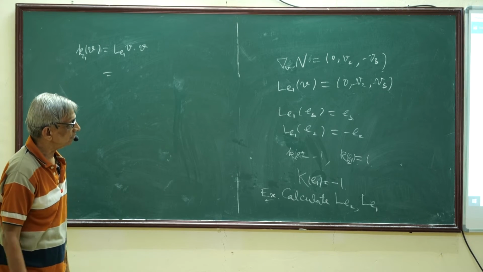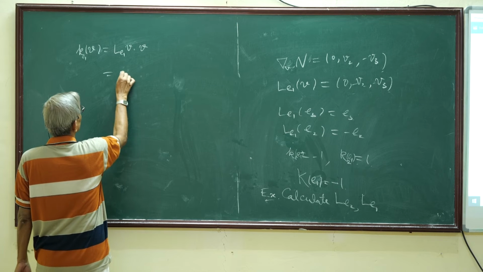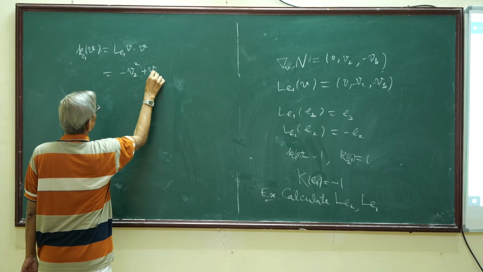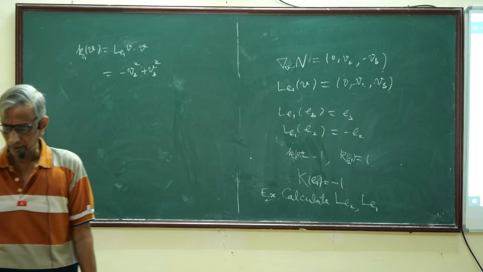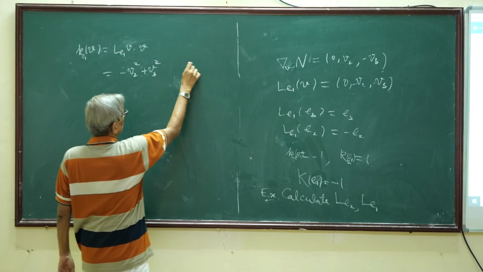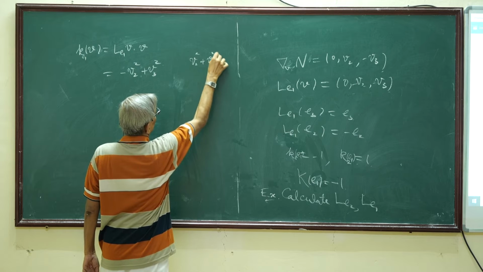So V minus V2 square plus V3 square. So the normal curvature or the second fundamental form. Of course, when you talk of K(V), you restrict to unit vectors, right? So norm V is 1, so V2 square plus V3 square equals 1.